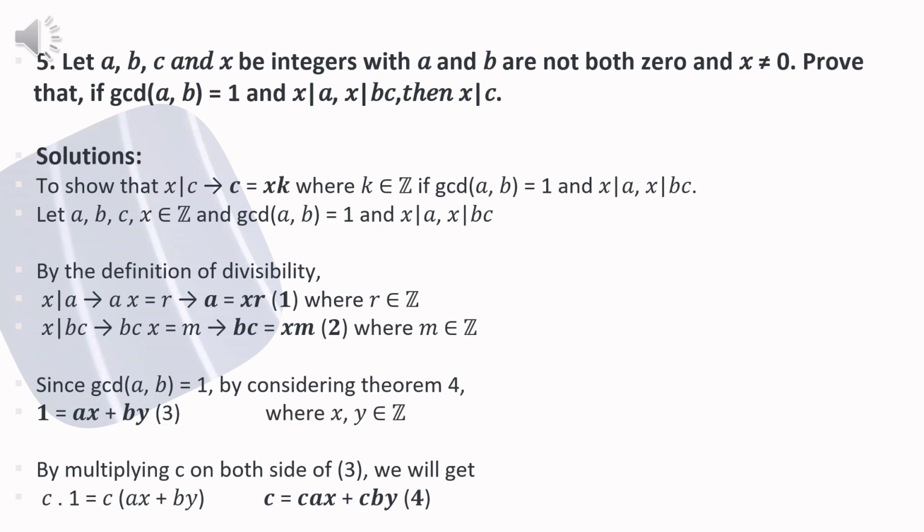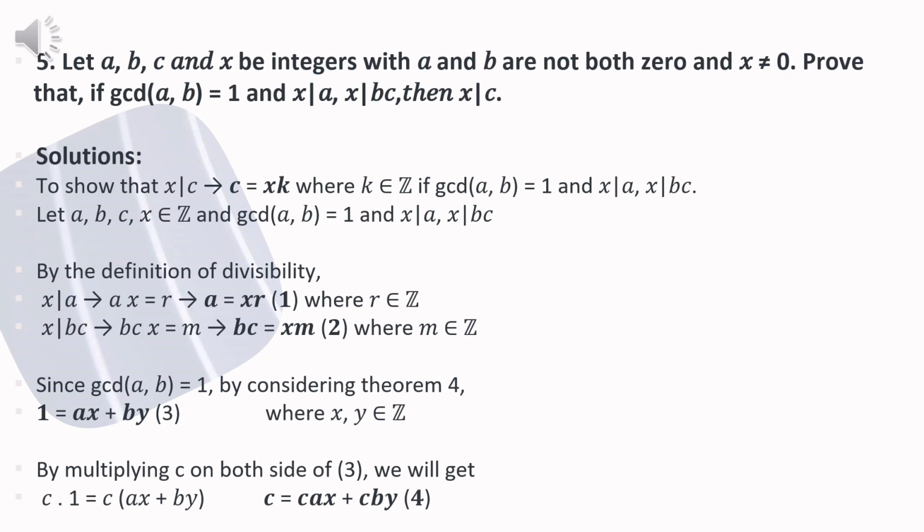So since GCD of A and B equals 1, by considering theorem 4, 1 equals A times x plus B times y is the third equation, where x, y are elements of the integers.